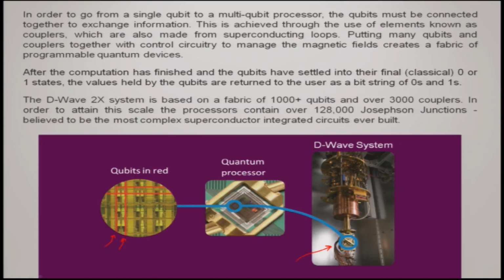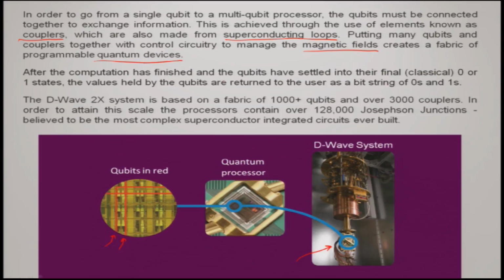In order to go from a single qubit to a multi-qubit processor, the qubits must be connected together to exchange information. This is achieved through the use of elements known as couplers, which are also made from superconducting loops. Putting many qubits and couplers together with control circuitry to manage the magnetic fields creates a fabric of programmable quantum devices.